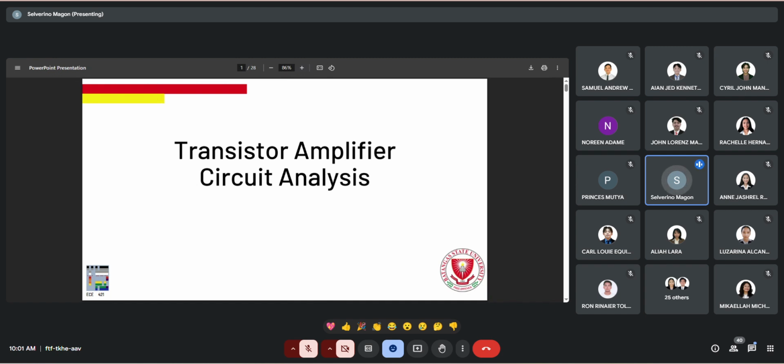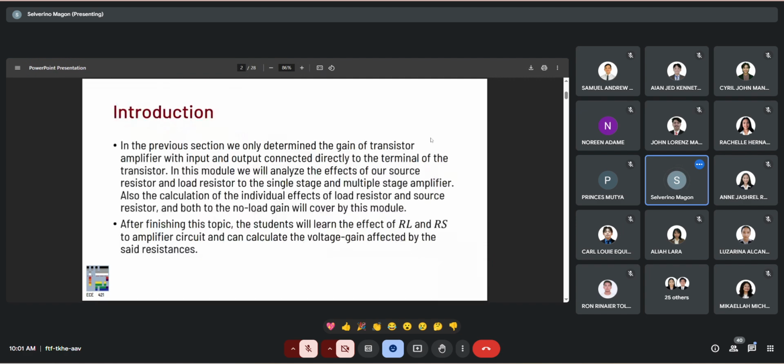Okay, so from the previous section, you only determined the gain of the transistor amplifier with the input and the output connected directly to the terminal of the transistor.